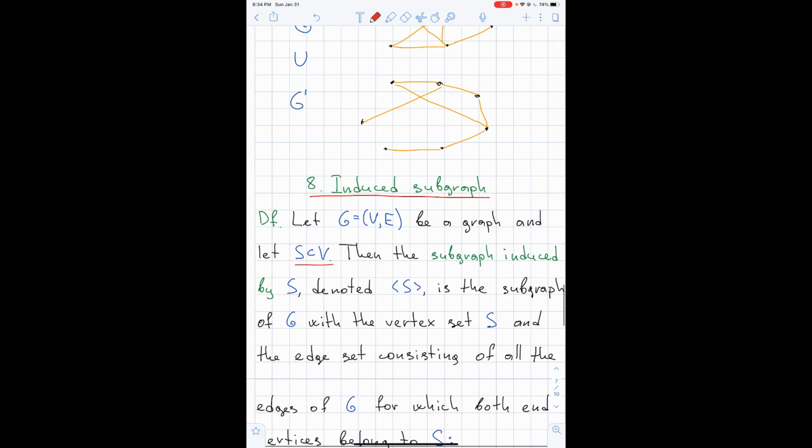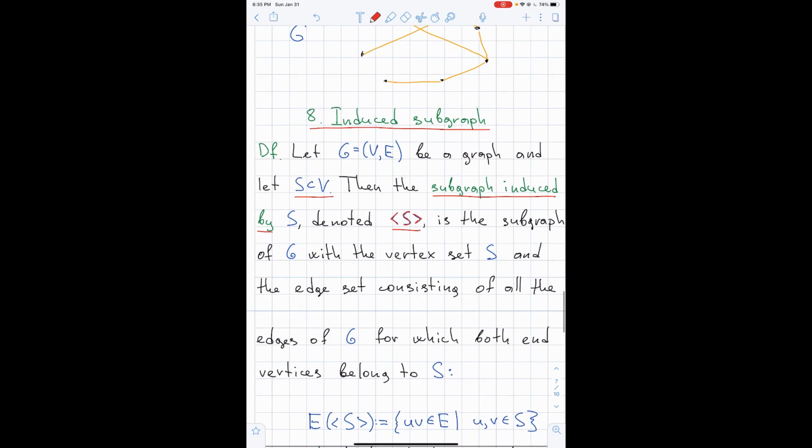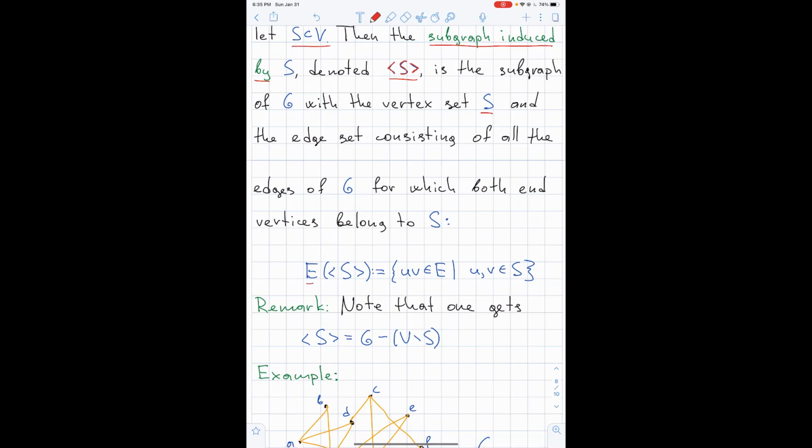Then we say that the subgraph is induced by S, and denote it G in square brackets S, if the following holds: the set of vertices of our subgraph is S, and the set of edges consists of all the edges of G such that both end vertices belong to S. So the set of edges consists of all edges UV such that both U and V are in S.